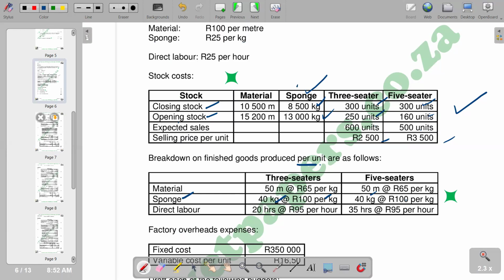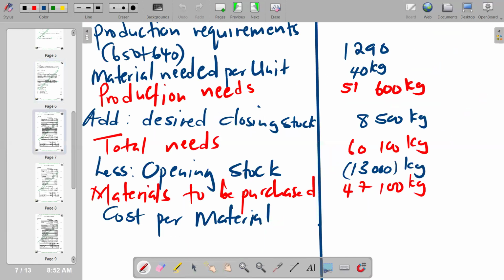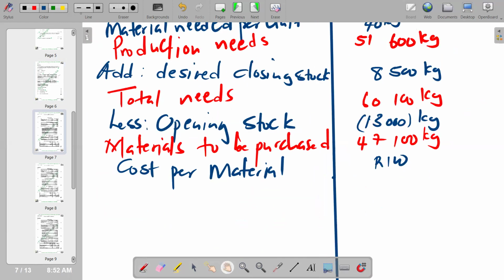So we have 100 rands. We are supposed to multiply the two to get the value of material to be purchased, which is the last part.